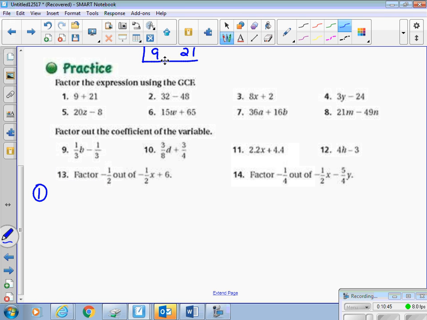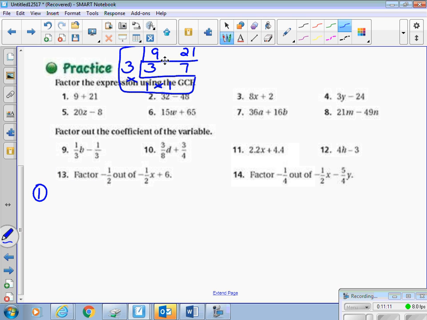What can go into 9 and 21? 3 does, so I can write my 3 out here. 9 divided by 3 is 3. 21 divided by 3 is 7. Do 3 and 7 have anything in common? Nope. So we can bring down the 1s, close off our ladder, our L. 3 times 1 times 1 gives me 3, and 3 would be the GCF of 9 and 21.